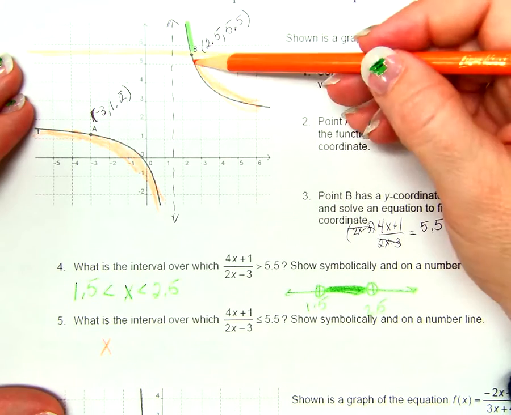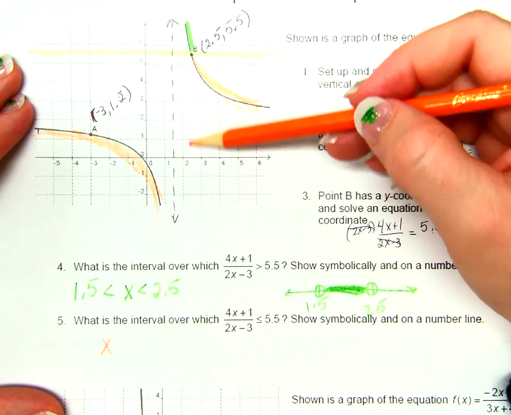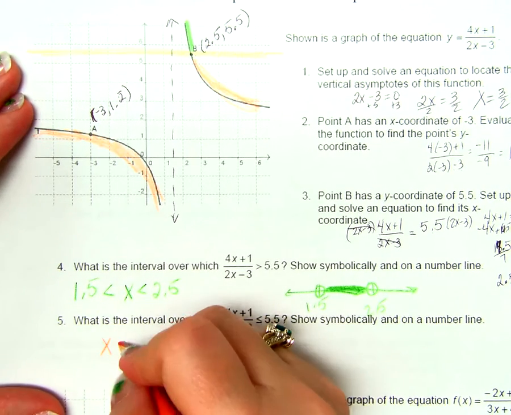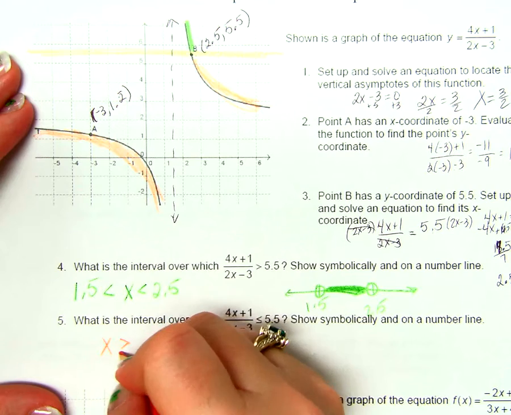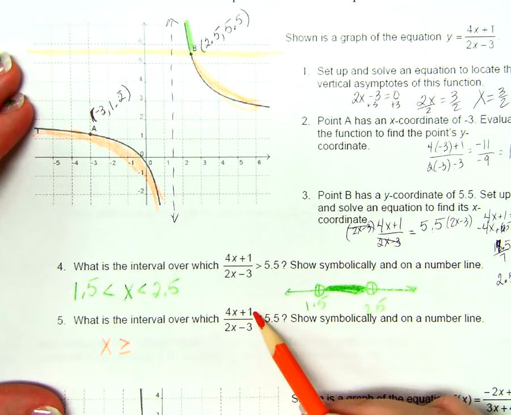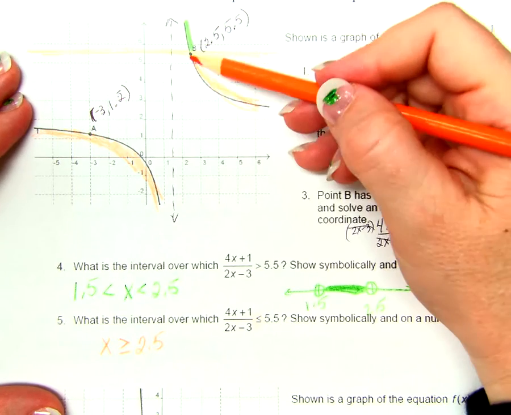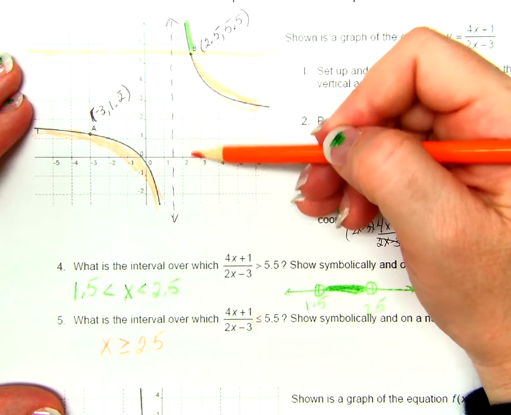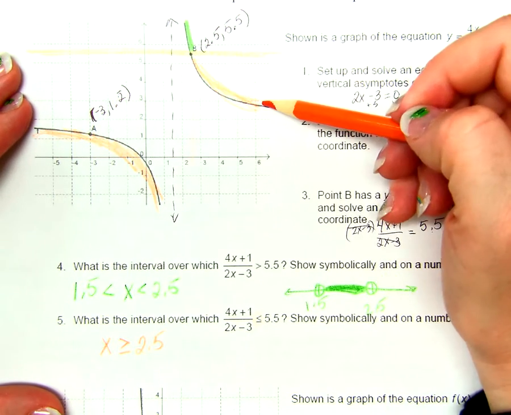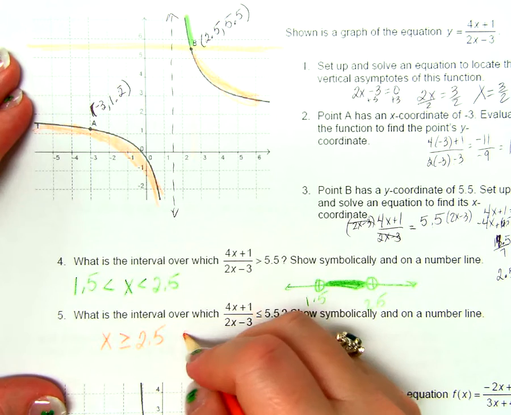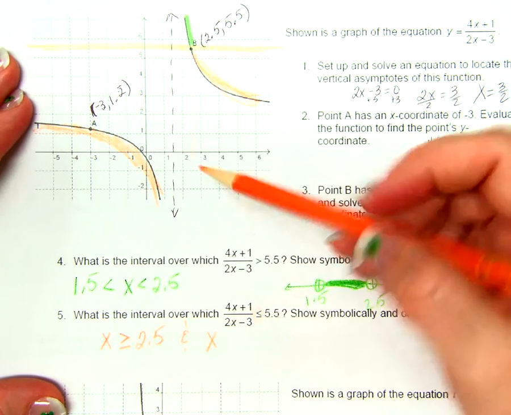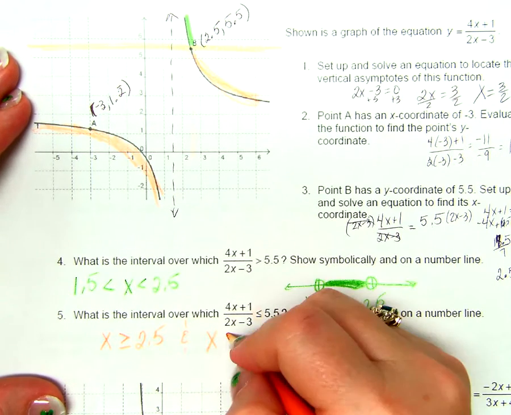X is greater than or equal to 2.5, because that's the x value right here where that starts. And x is also less than what?